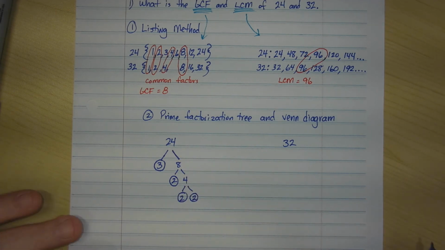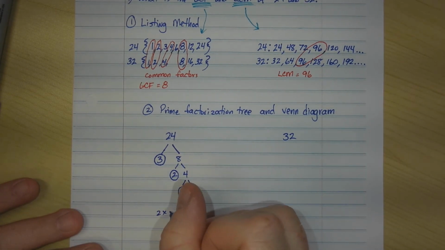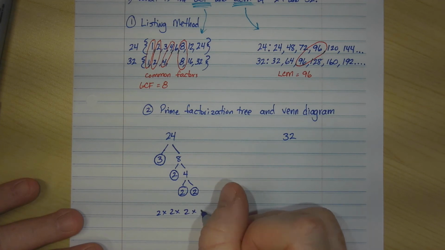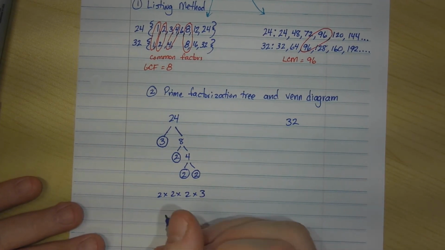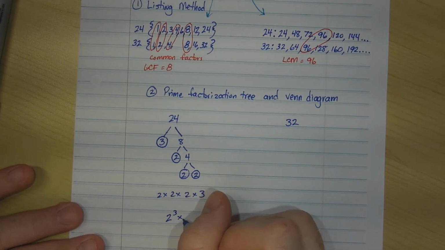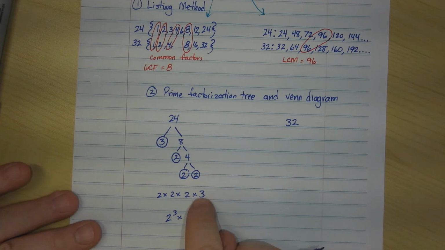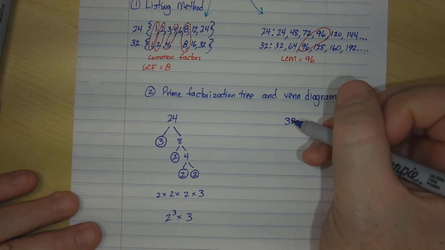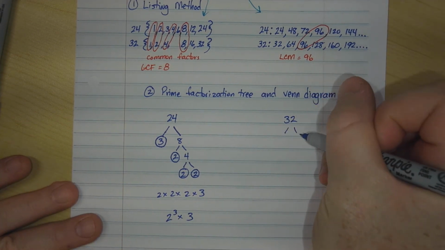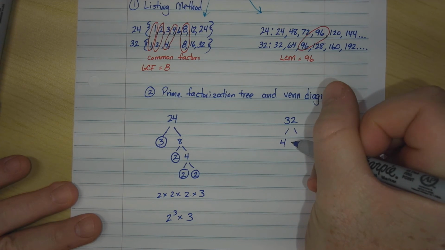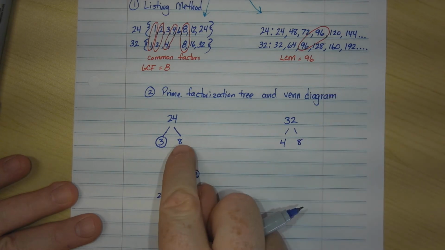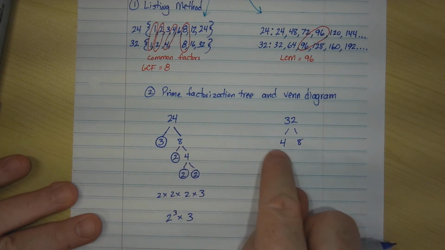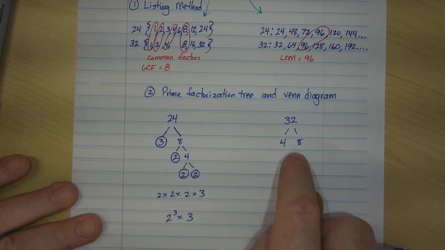So basically we have 2 times 2 times 2 times 3, or in this case, 2 to the third power times 3. Now that's just extra information. You don't really need to know all that, as long as you get to this point, you're good. For 32, you've got 4 times 8. You can see the greatest common factor here, what they have in common between the two, 4, 8, and 8.